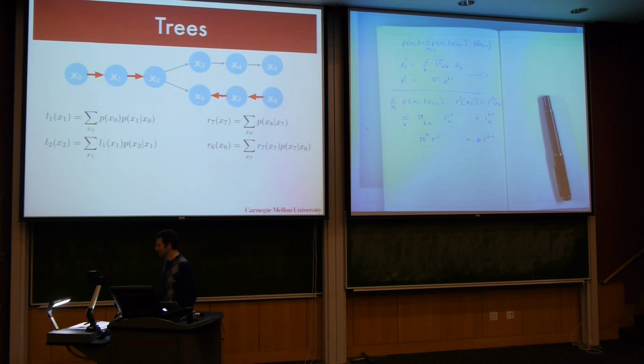And what you see is that now you've received the right message R6 from x6. That's the one here. And in doing so, I can now work out what the left message has to be. There's actually a typo in there.